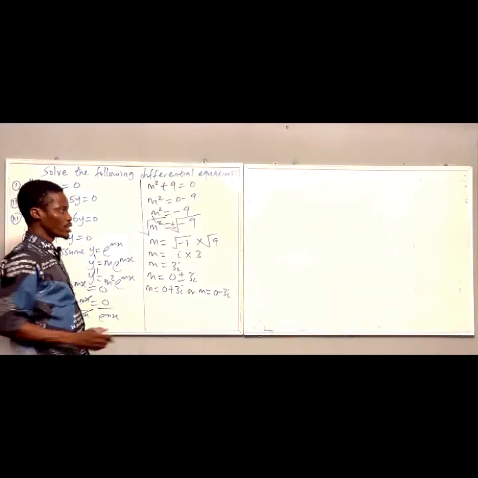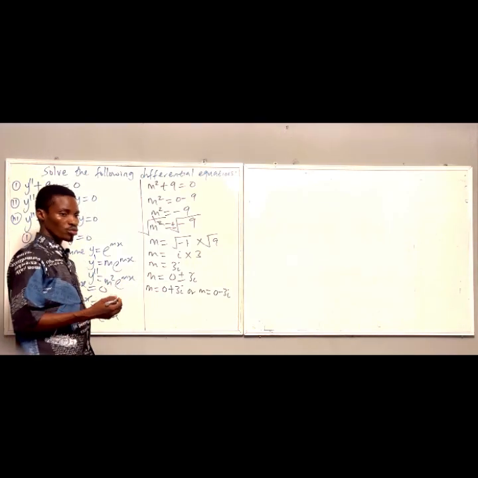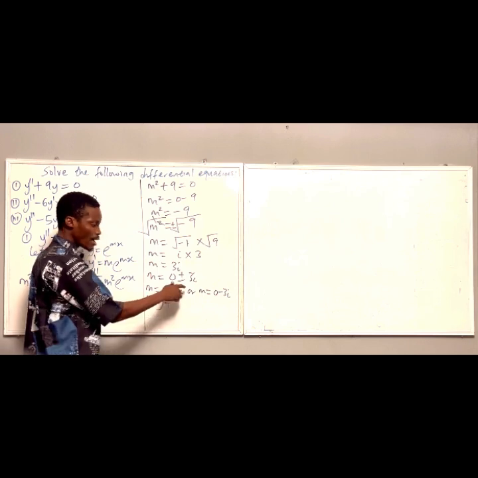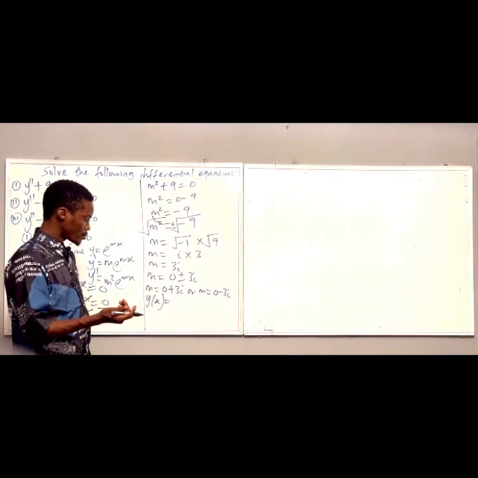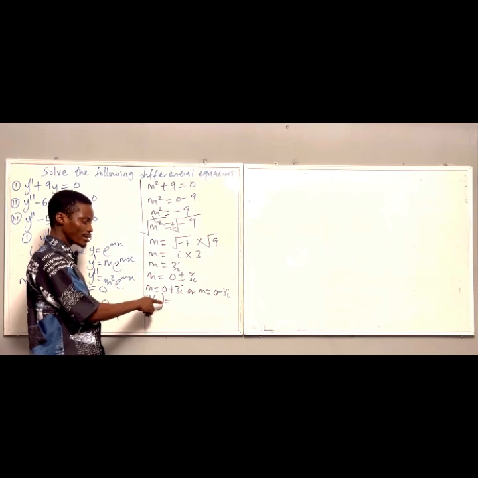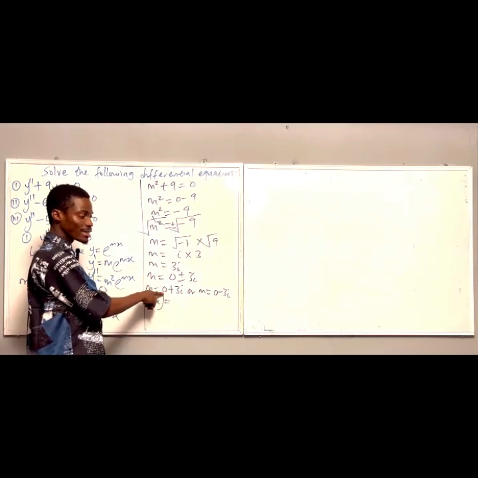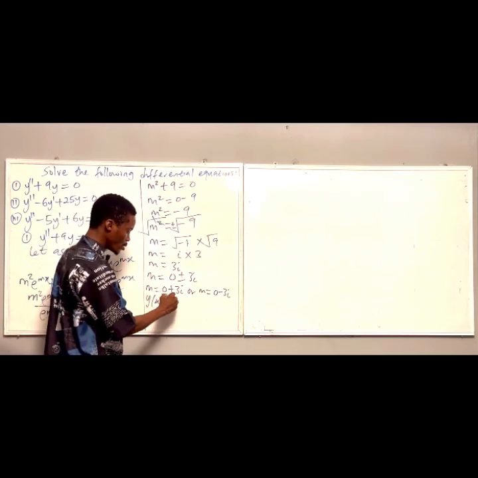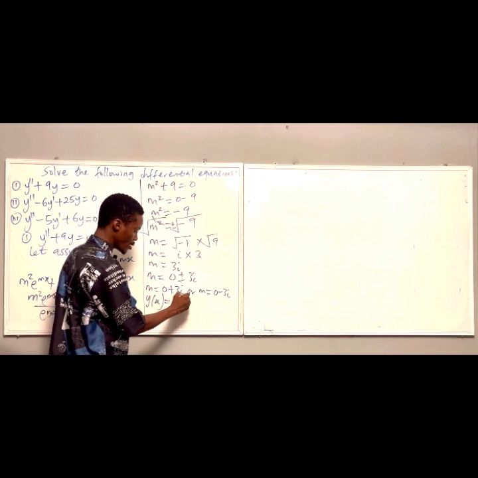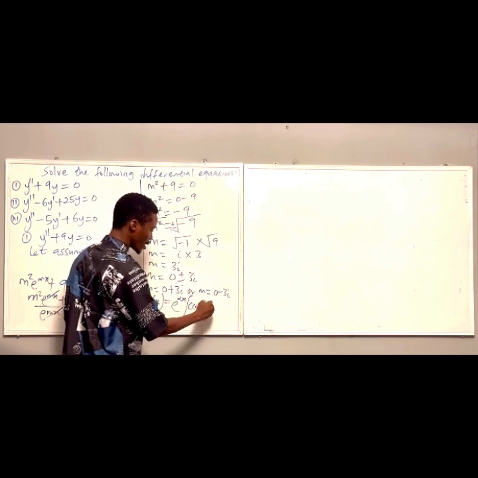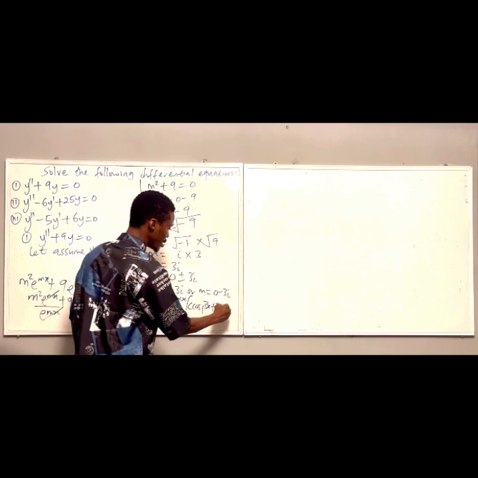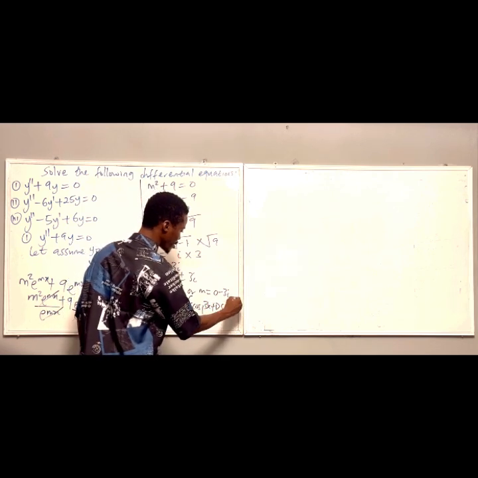When the roots have an imaginary part, we have alpha and beta. So for me to have my y of x, my alpha will be 0. I will have exponential alpha x into c cos beta x plus d sine beta x.